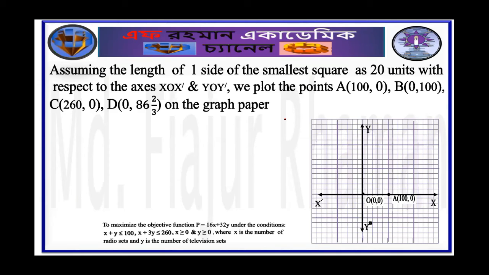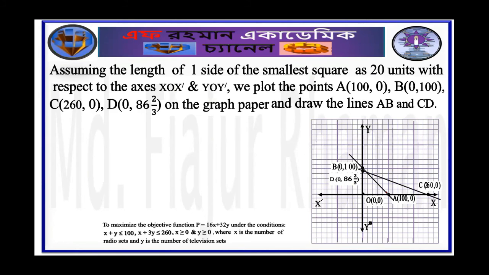Here 20 units is considered as one smallest square, and if we divide 100 by 20, we get 5. That's why we plot the point A by moving 5 smallest squares, 1, 2, 3, 4, 5, along the x-axis. Similarly, plot the points B (0, 100), C (260, 0) and D (0, 86 and 2/3) on the graph paper, and draw the straight lines AB and CD.